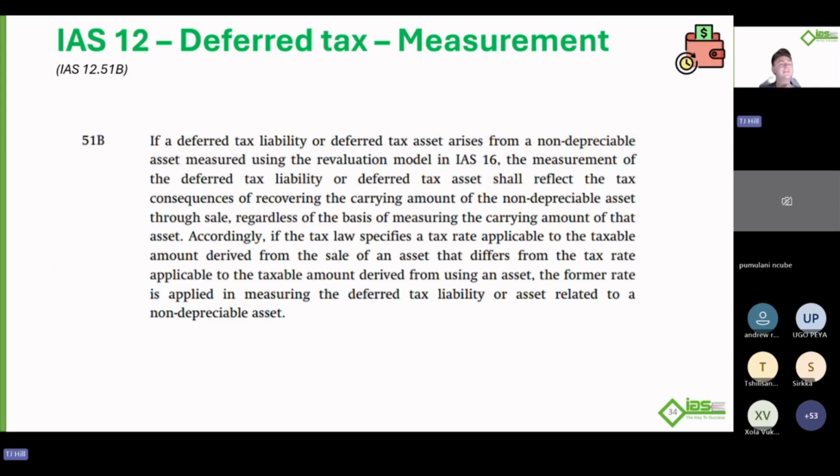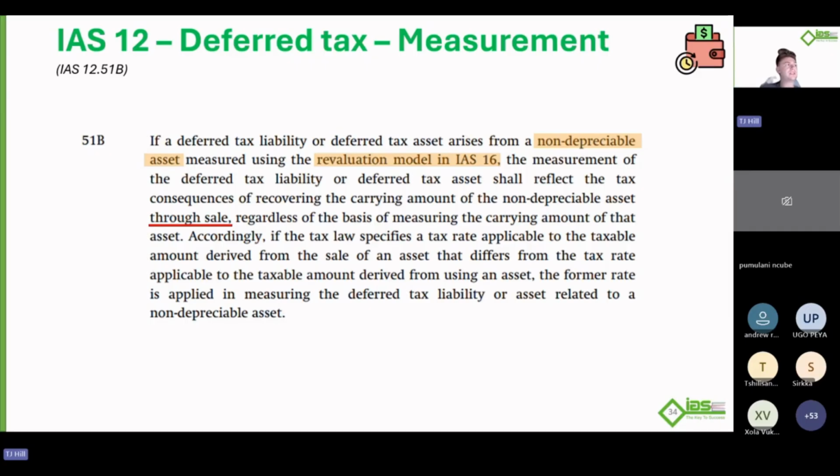Furthermore, when you think of these things, the standard addresses specific types of assets and tells you it will always be so. For example, a non-depreciable asset that is measured on the revaluation model in IAS 16 is deemed to be recovered through sale for deferred tax purposes.